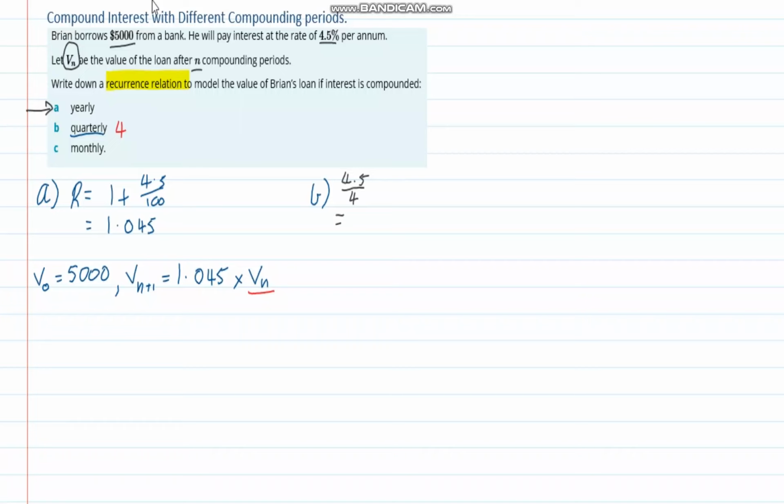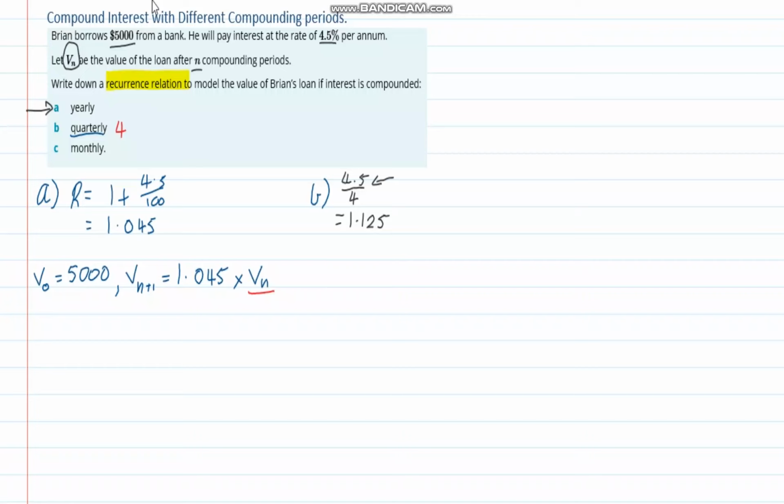And we get a figure of 1.125. So that's the interest rate applied every time it's calculated throughout the year. So 1.125 four times a year will add up to the 4.5%, the original percent.